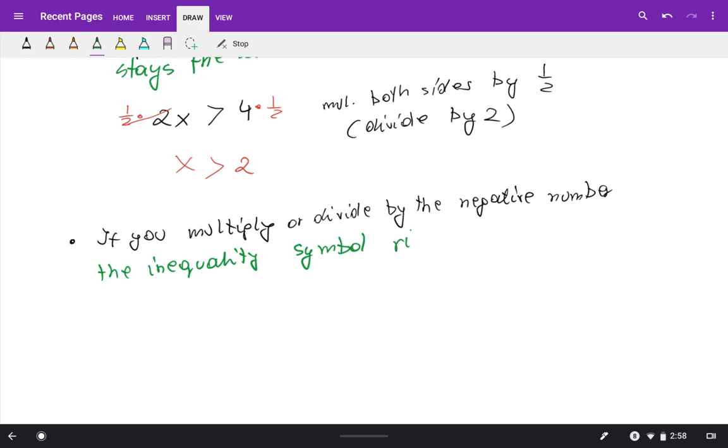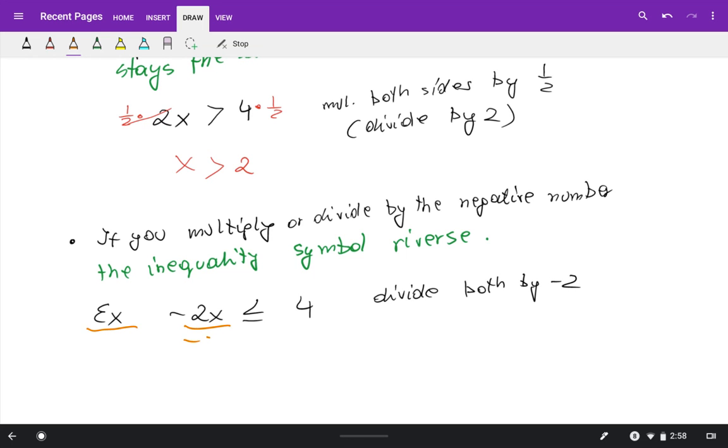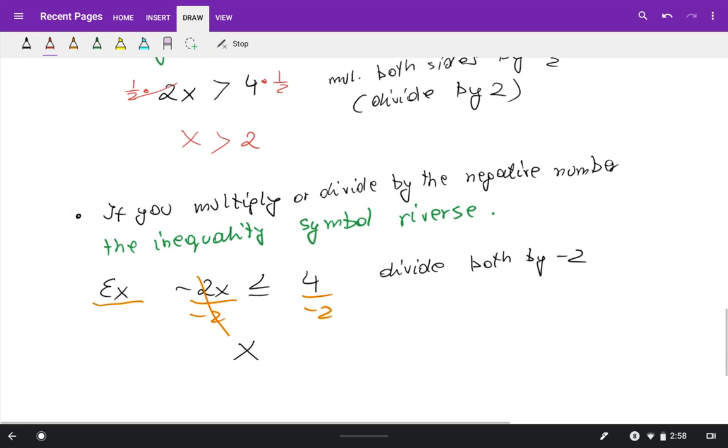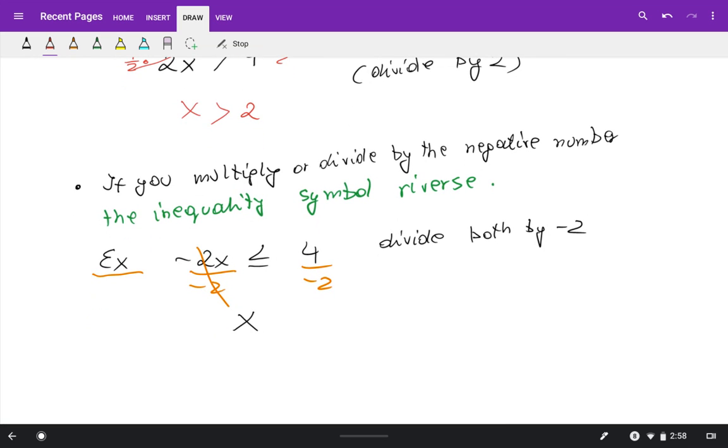Inequality symbol reverse. Okay, so let me give you an example. We have negative 2x less than or equal to 4. So to solve for x, I will divide both sides by negative 2, and that will give me x, and I reverse the inequality symbol, and we only do that when we multiply or divide by a negative.